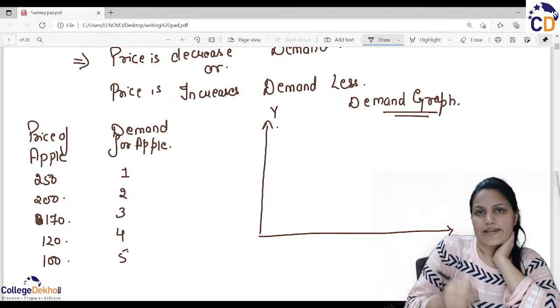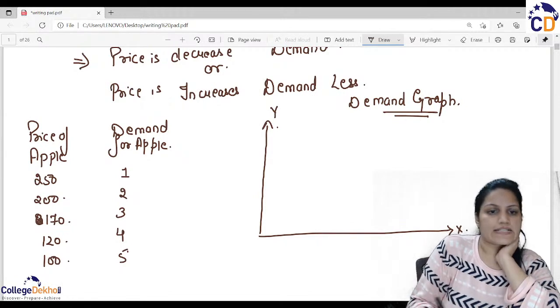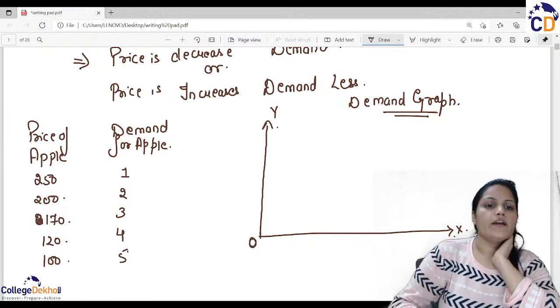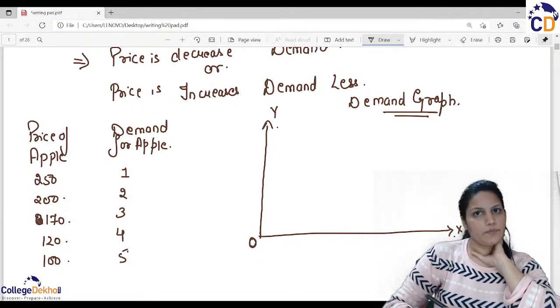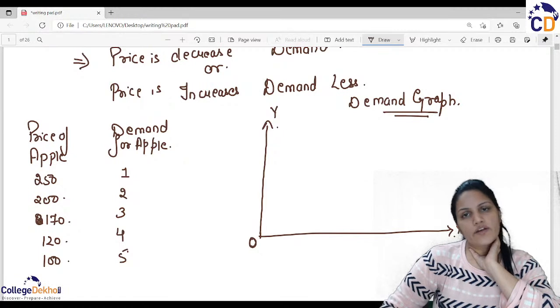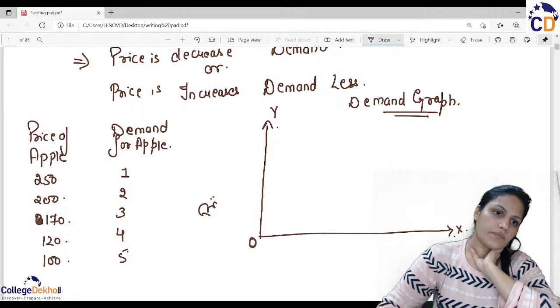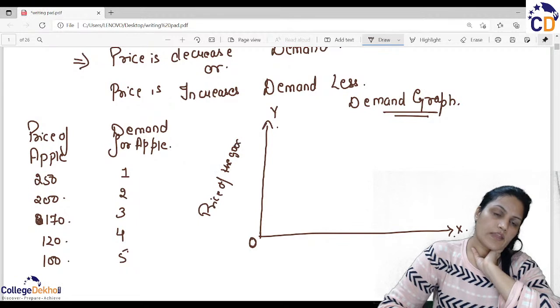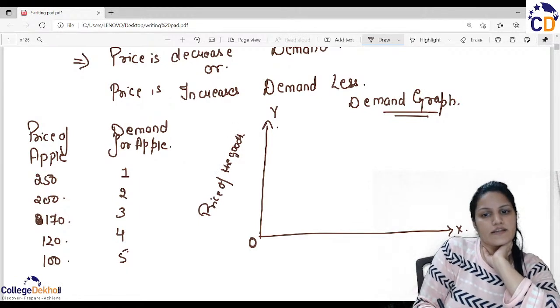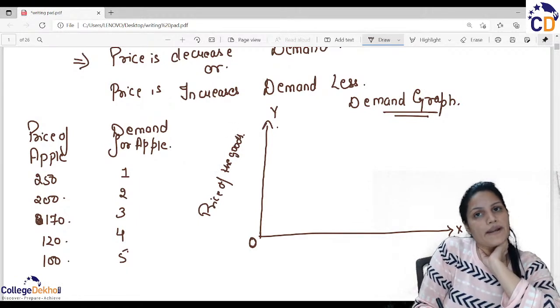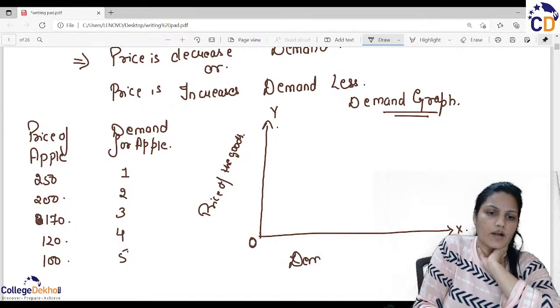Here is the y-axis, here is the x-axis, here is the 0. Always remember, on the y-axis there is the independent variable, that is the price of the good. And on the x-axis there is the dependent variable, that is the demand for the goods.